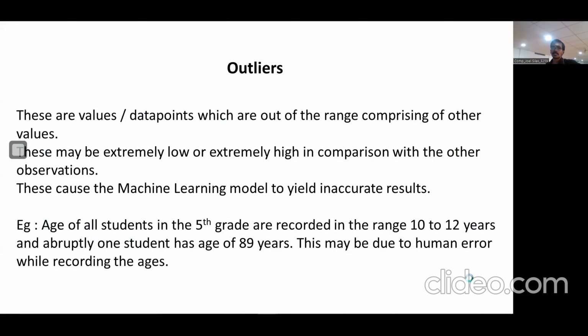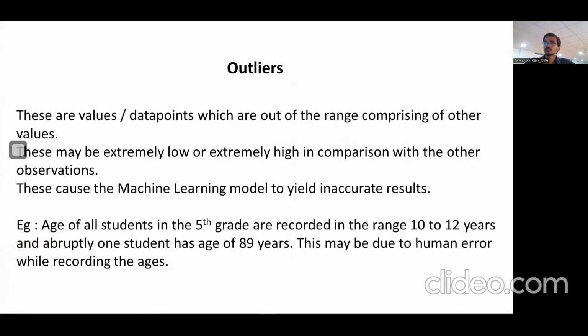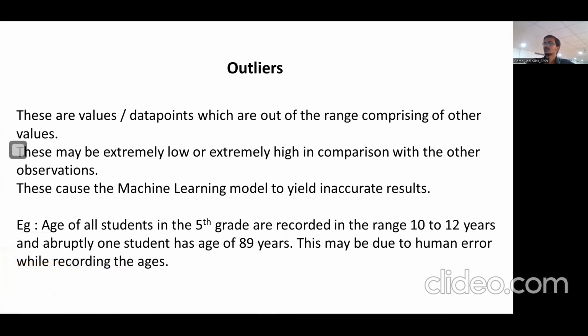Now, if we consider outliers, these are the values or data points which are out of the range comprising of other values. For example, these may be extremely low or extremely high in comparison with the other observations.